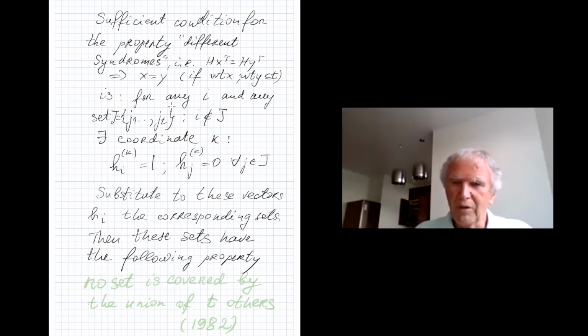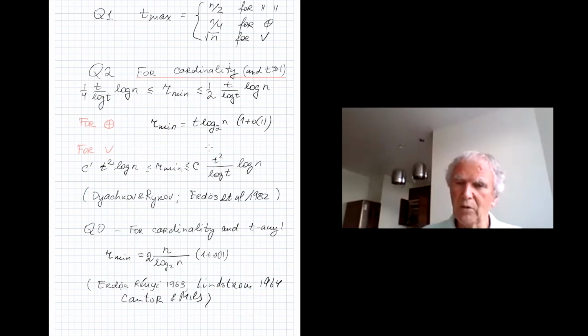This mathematical notion appears only in Erdős and others' paper in 1982, despite that the same codes, the same objects, were investigated in group testing. It's part of combinatorics, in fact, encoded there as superimposed codes. But no one came up with this nice formulation of the property, because they use it, but they don't observe this nice formulation.